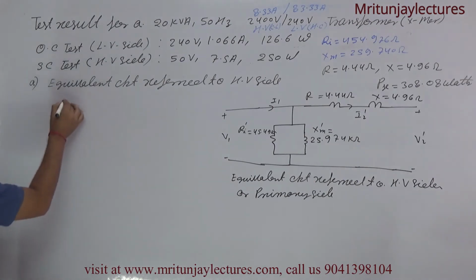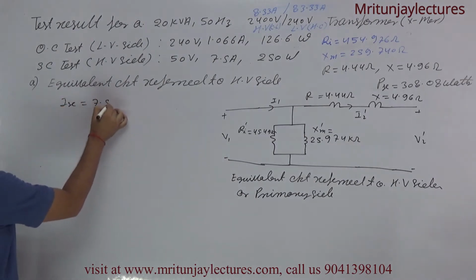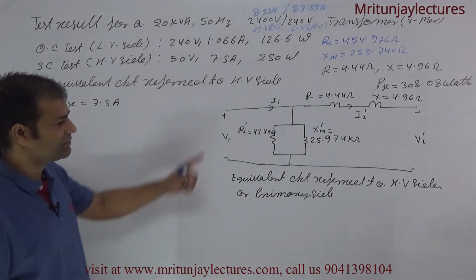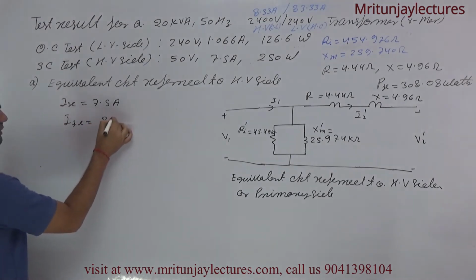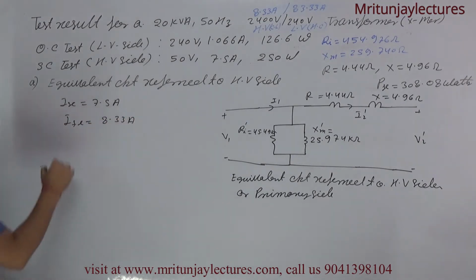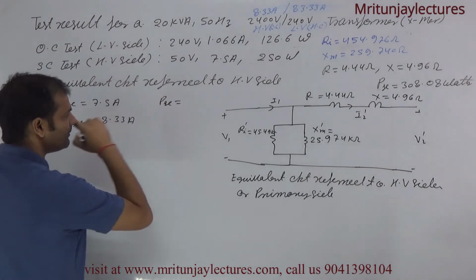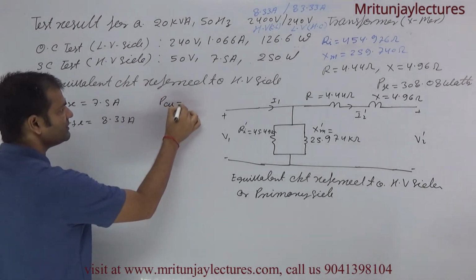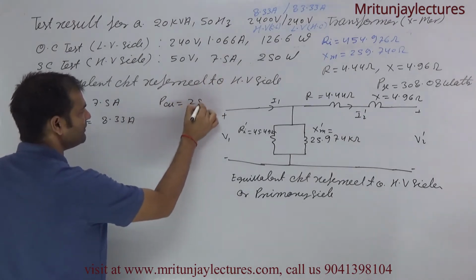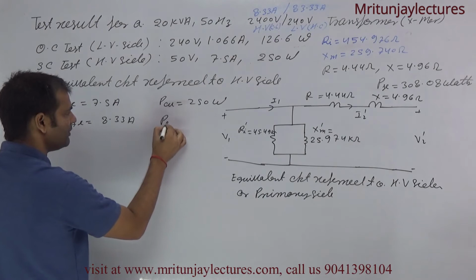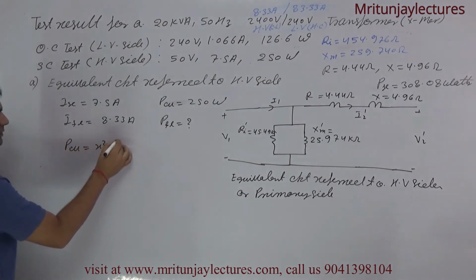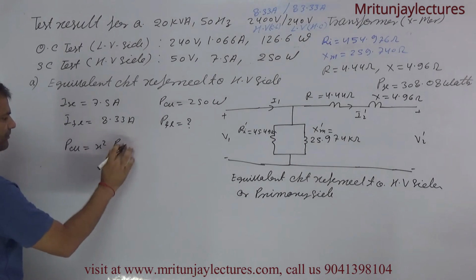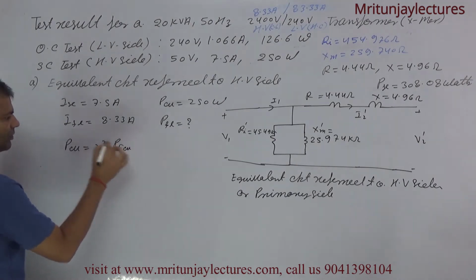I know that ISC is equal to 7.5 ampere, and full load current is 8.33 ampere. Clear? Corresponding to this current, the copper loss is 250 watt. What about full load copper loss? I don't know. I know the formula is x square times full load copper loss.